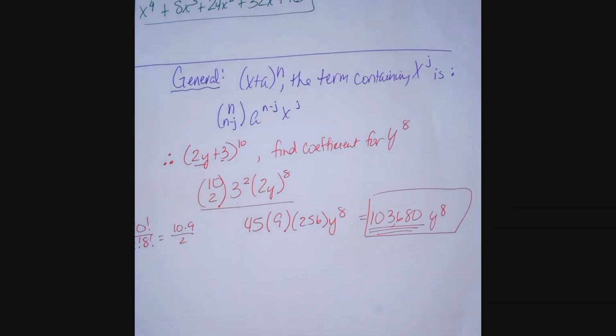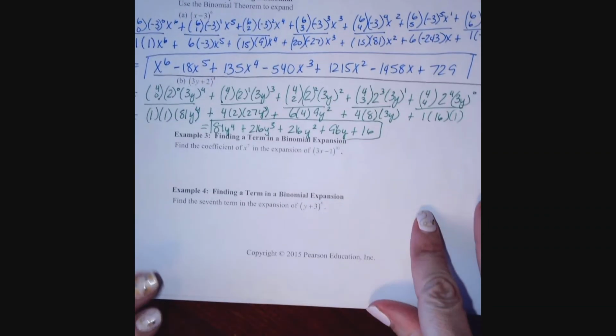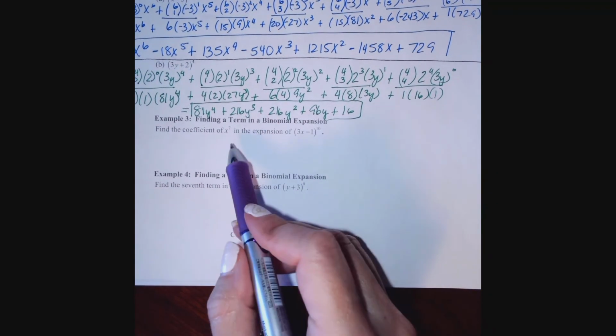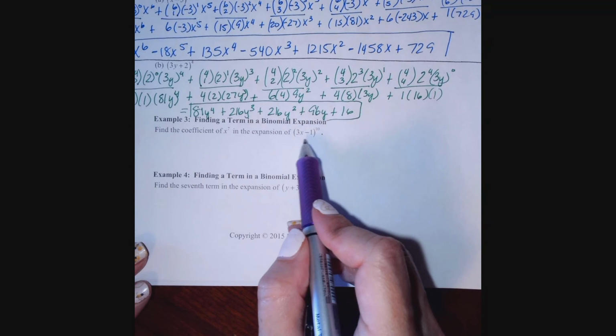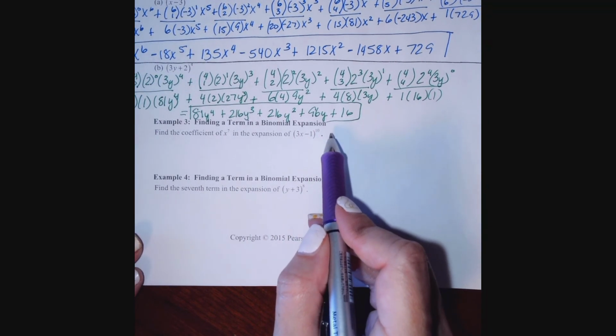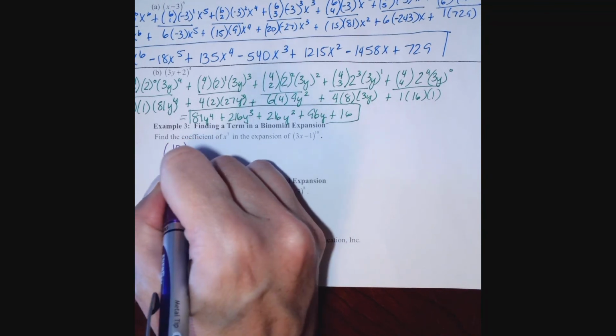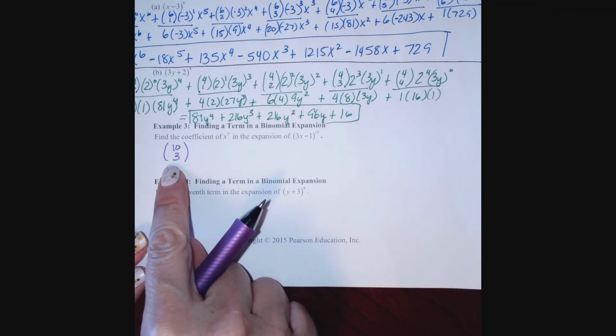Now let's go back and look at that last example. Let me find my page. Here we go. Last two examples. So for this one, we're asked to find the coefficient of x to the 7th in this expansion of (3x minus 1) to the 10th. Well, if I want x to the 7th, and I'm starting with 10, that means this value for j is going to be 3.